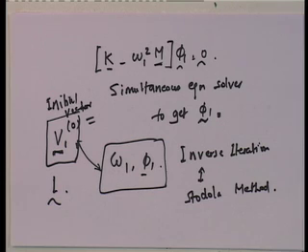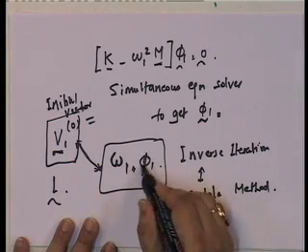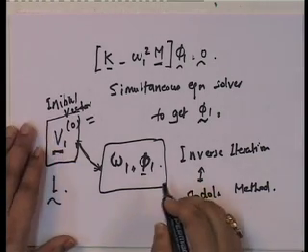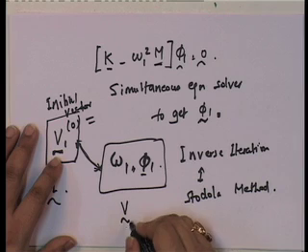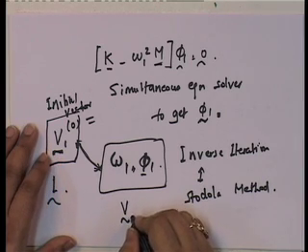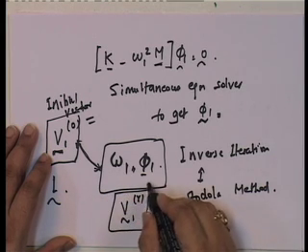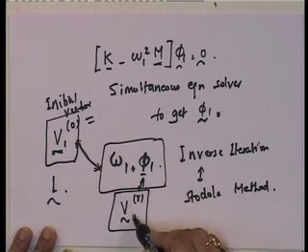Okay? It does not matter what your initial vector is, you will always converge to get omega 1 and phi 1. And note that, by the way, V 1 R is really the phi 1, okay, because it satisfies this. So, in other words, whatever you start from, you will always land up here.